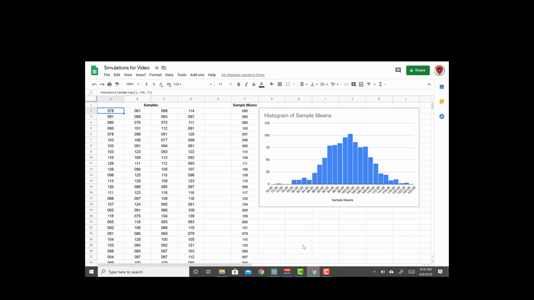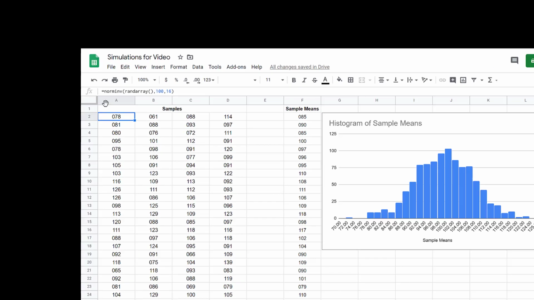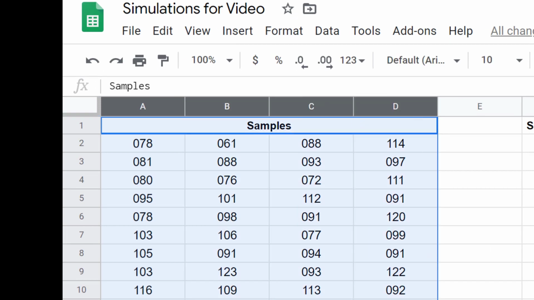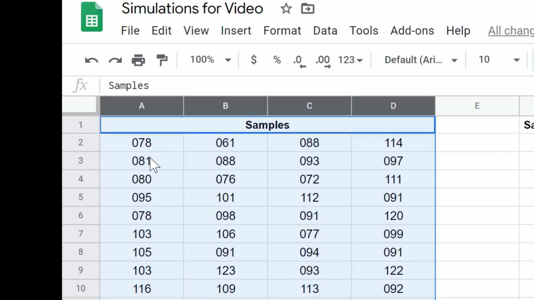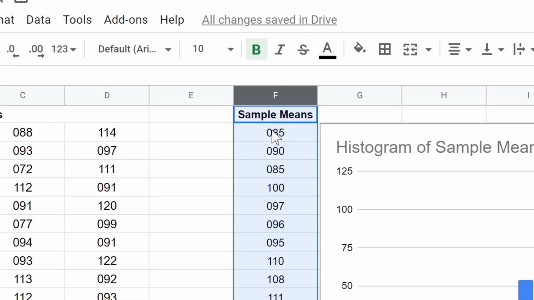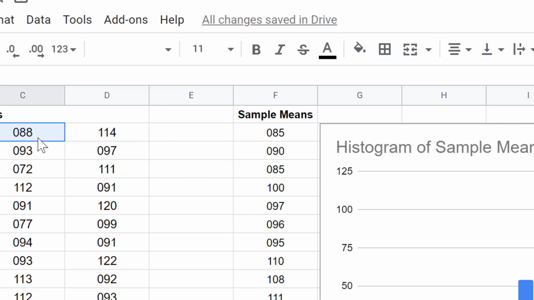So instead of watching me type all this out, I've gone ahead and done that. Here in these first 4 columns are my samples. Each column has 1,000 samples in it, so this represents my samples of 4 people randomly chosen from the population. And then in this column, I have taken the average of the 4 values immediately to the left.